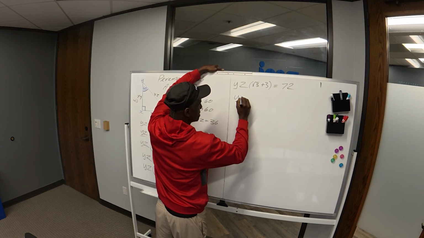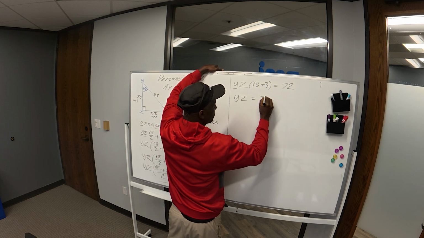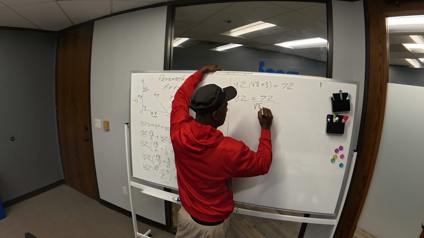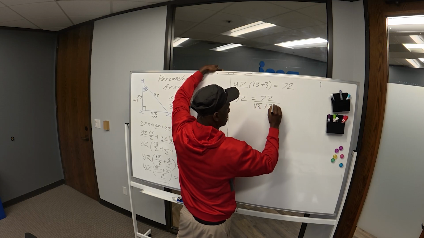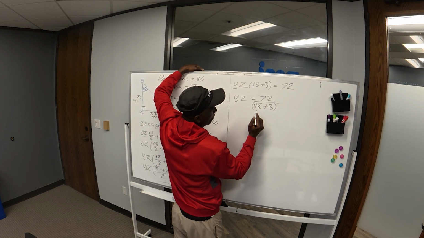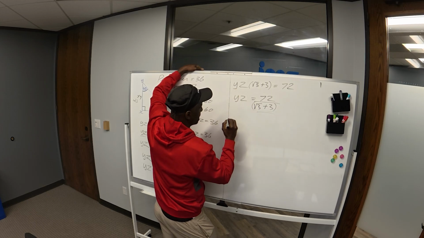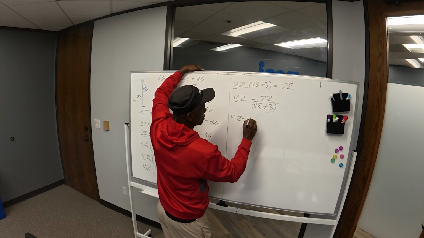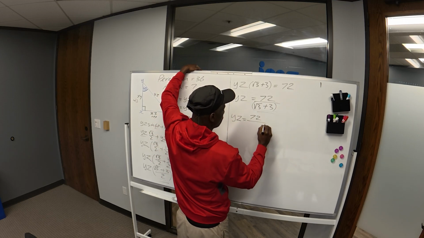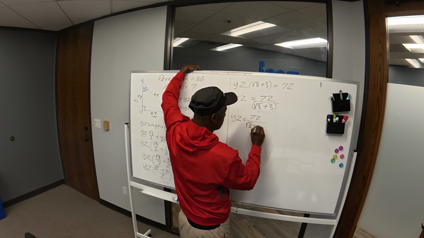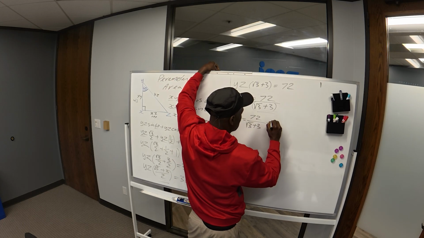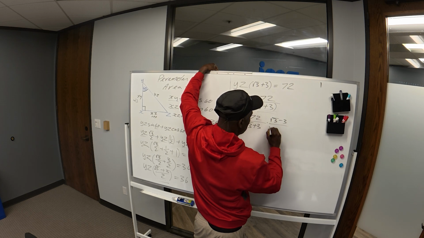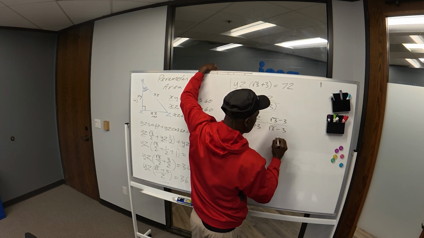Therefore, YZ is equal to 72 divided by square root of 3 plus 3. Now we can rationalize this denominator and say YZ is equal to 72 over square root of 3 plus 3 dot square root of 3 minus 3 over square root of 3 minus 3.